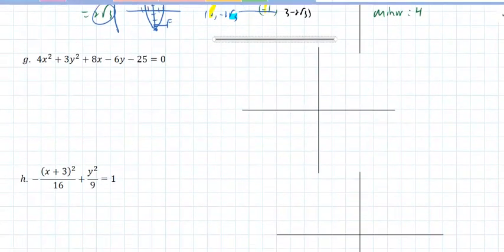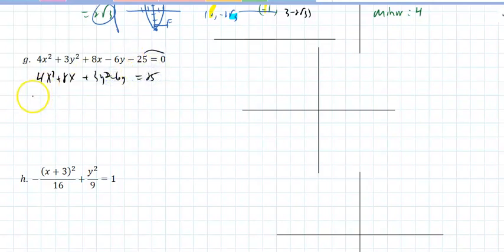And if they gave me that in general form, well, I need to get the x's together, the y's together, move that over. To complete the square, the leading coefficient must be a 1. You have to factor that number out. You have to factor that 3 out.